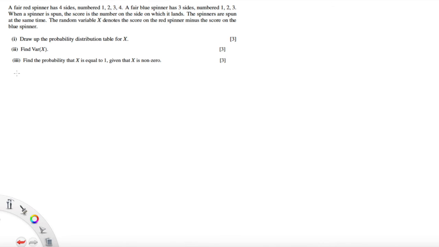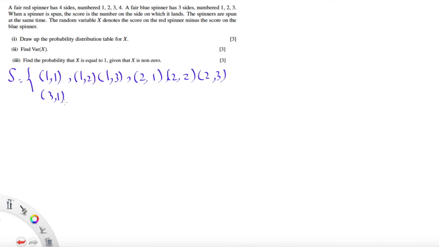Now, the sample space is, including the first spinner 1, the second 1, so 1, 1. It will be 1, 2, 1, 3, then 2, 1, 2, 2, 2, 3, then 3, 1, 3, 2, 3, 3, 4, 1, 4, 2, and 4, 3. These are the possibilities.